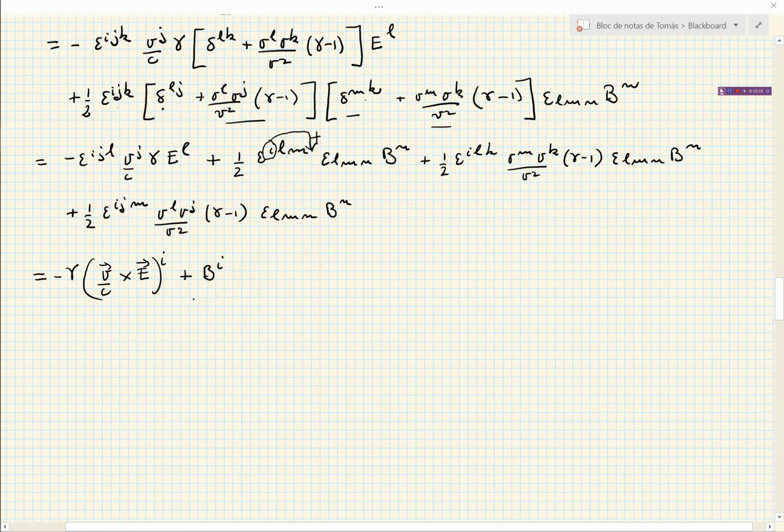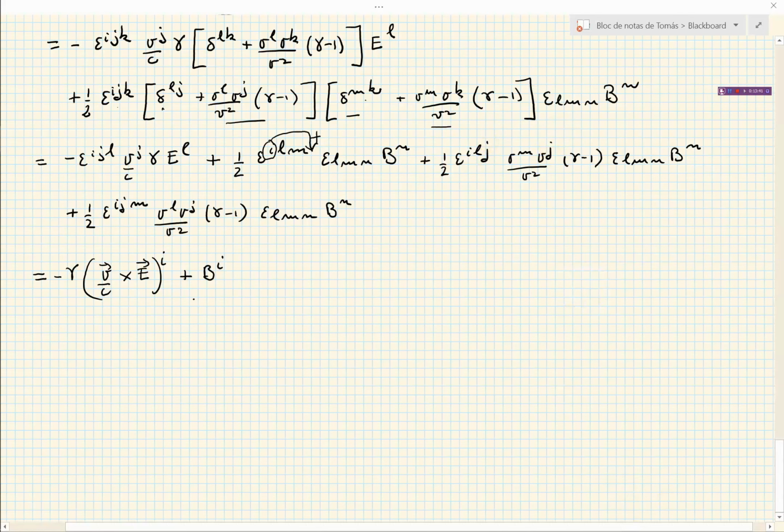Okay, first let me see if the last two terms are probably identical. So let me check this. First, let me relabel k here and call it j, so I use the same indices as in the other case.